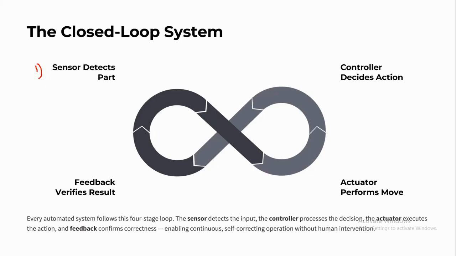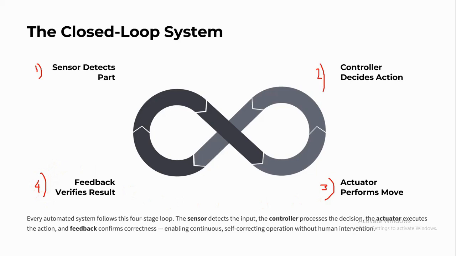Based upon the information provided by the sensor, the next part is the controller. It will decide the action. Based upon the input from the controller, the actuator performs the action. That is the output of this closed loop system. Finally, we get the feedback or any error from the feedback part.